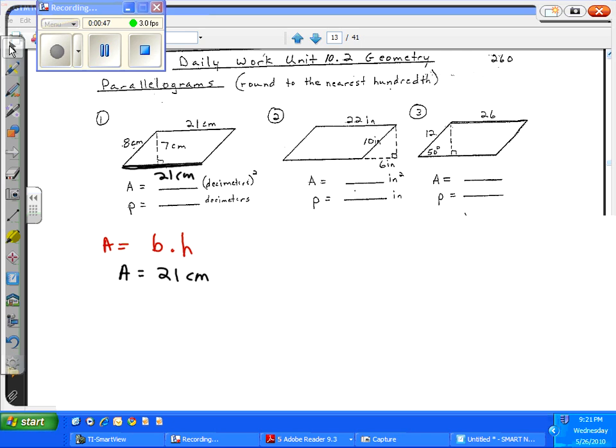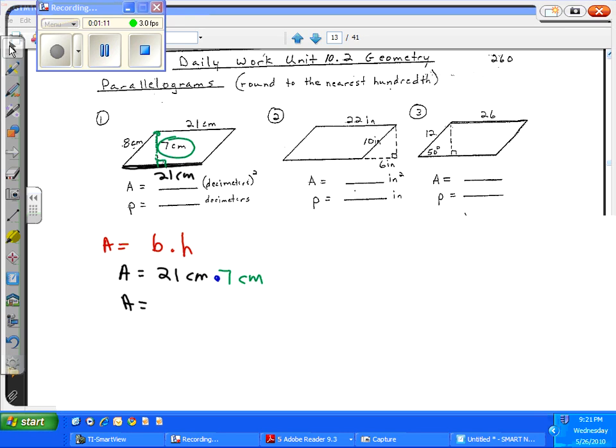So the base is 21 centimeters times the height, and the height is how tall it is from top to bottom. So the height is not the 8, the height is the 7 centimeters.